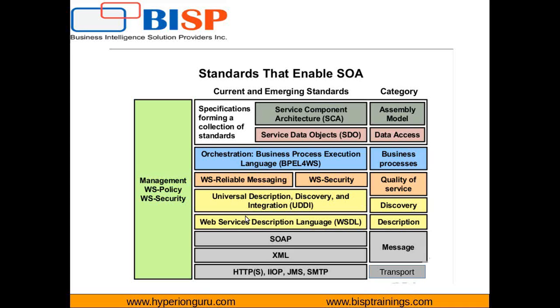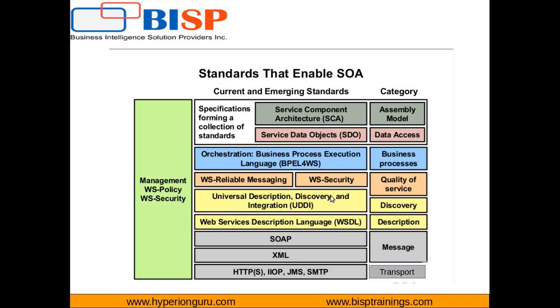There are business processes, which are enabled using BPEL4WS, the web services standard for business process execution language. So BPEL is implemented. There is WS reliable messaging and security to make sure there is quality of service. There is UDDI for the discovery. There is WSDL for the description of the service, what a service actually does. For messaging, you have SOAP and XML.